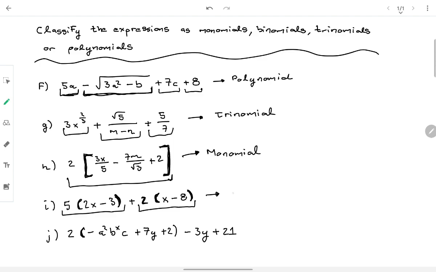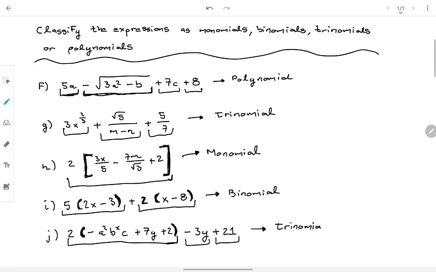So we have two monomials, and that will be a binomial. In the next one, it's also very tricky because we have something in parentheses multiplied by a number. So that will be a monomial. We will have another one here, another one here. So we have three of them, so this will be a trinomial.